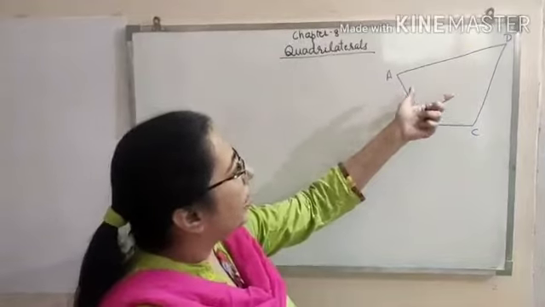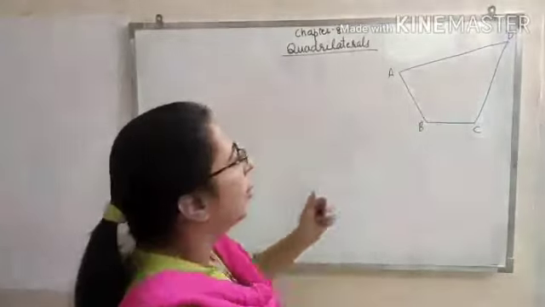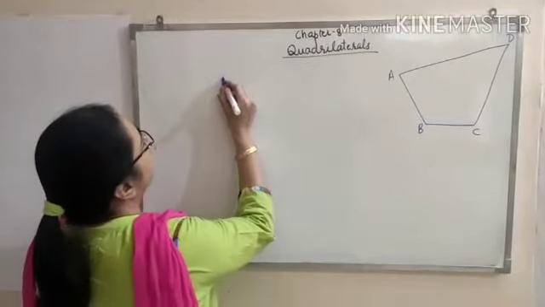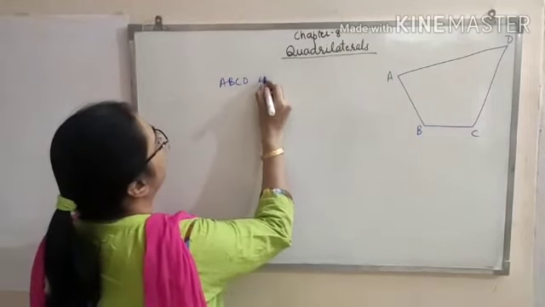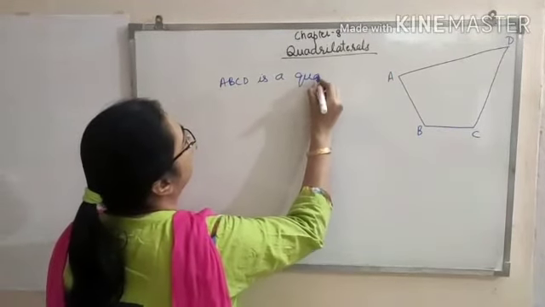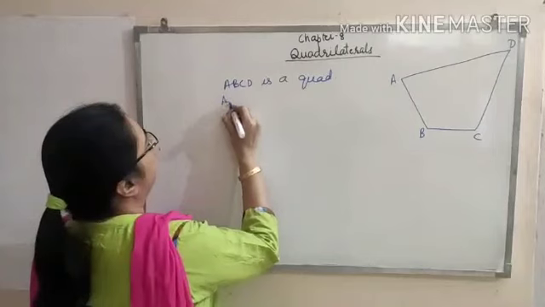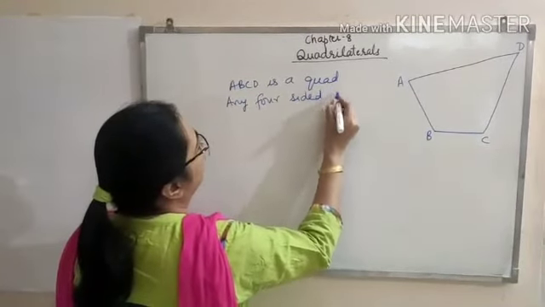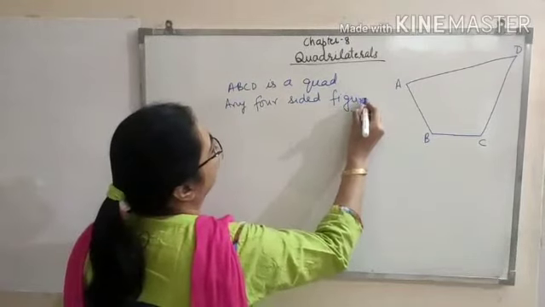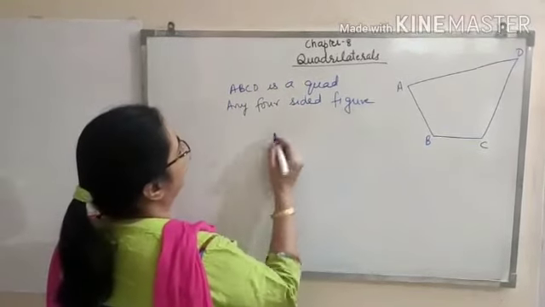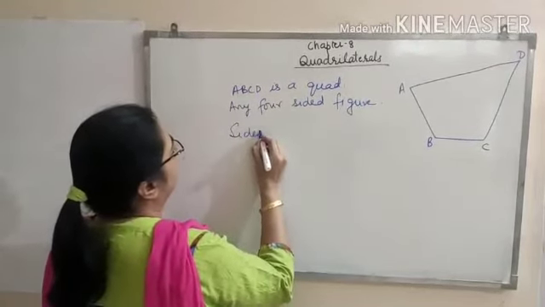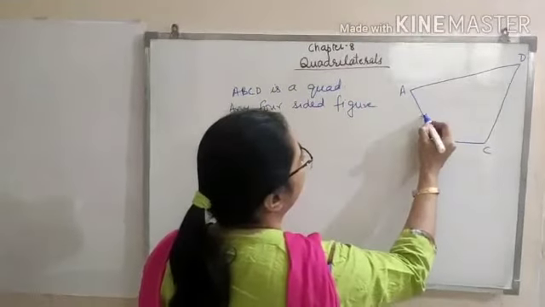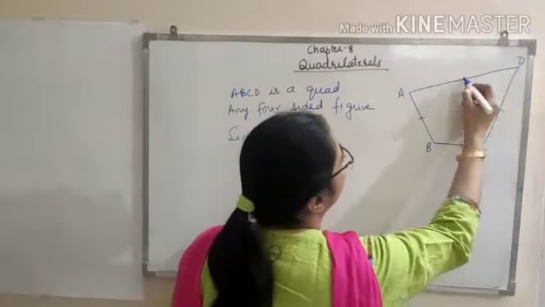Now what are the sides, what are the vertices and what are the angles? Let's discuss that. ABCD is a quadrilateral, any four-sided figure. The sides are AB, BC, CD and AD.